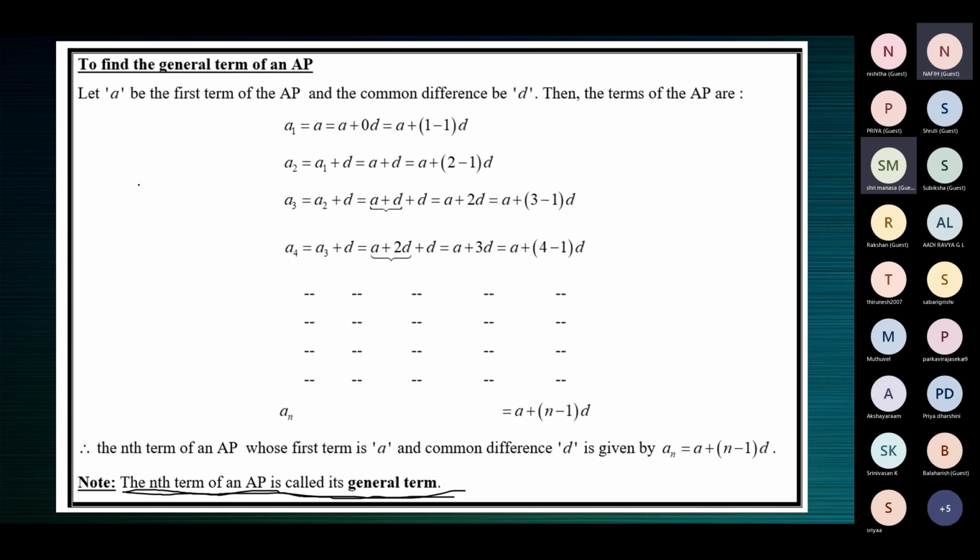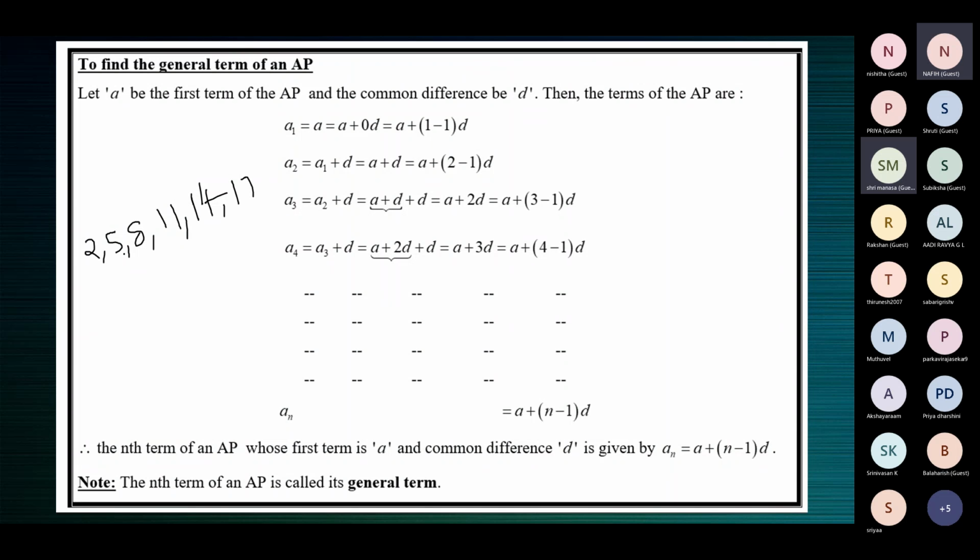Let's generate an AP. 2 plus 3, 5. 5 plus 3, 8. 8 plus 3, 11. 11 plus 3, 14. 14 plus 3, 17, and so on.